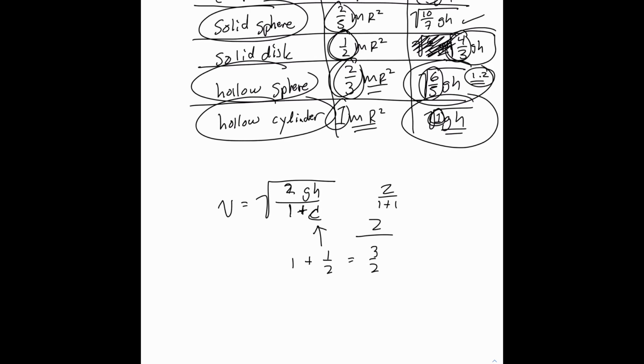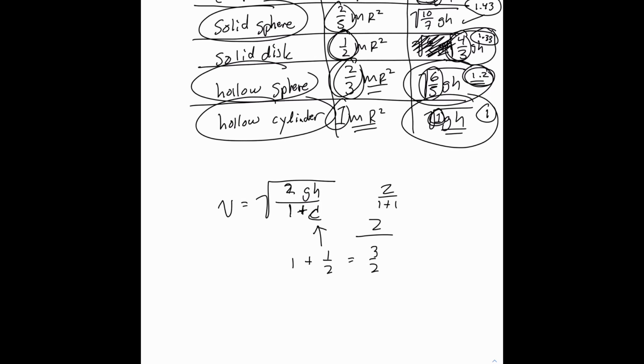Actually, you don't need a calculator for that. 4/3 is 1.33. And, yeah, 2. We got that. So we got 1, 1.2, 1.33, 2. What's 10/7? That's the one we need a calculator for. 10/7 is about 1.43.